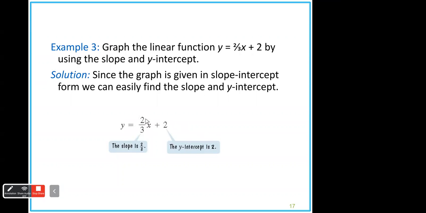So the coefficient of x is the slope, and then the constant here is the y-intercept. So what this is telling us for this equation is that the line is going to pass through 2 on the y-axis, and the slope of this line is 2/3. So we could use that to help us to actually draw this equation.